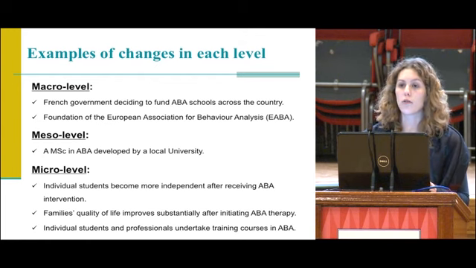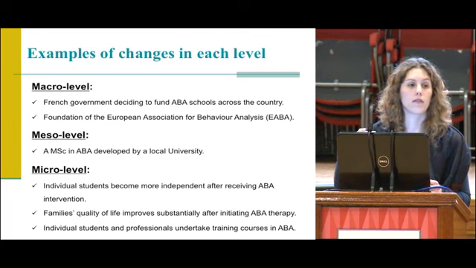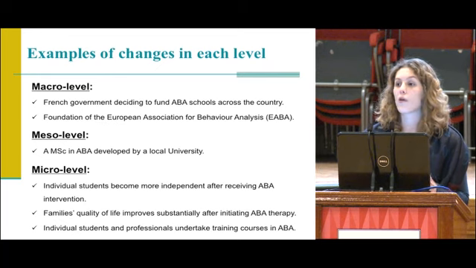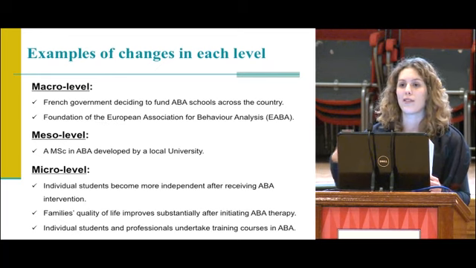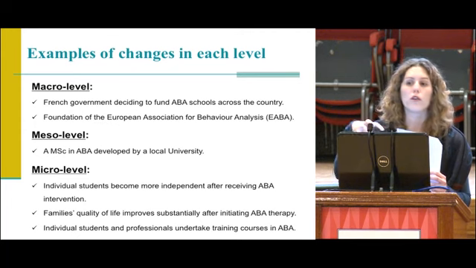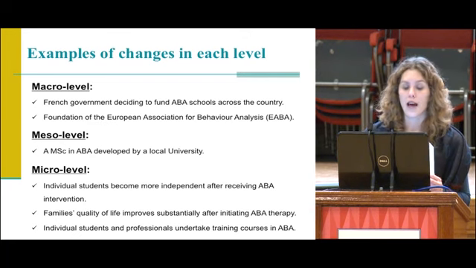Then we've got some changes in the meso level, like, for example, a master's degree in ABA and autism in a university could affect the entire community and all the neighbors living around the community. And of course, nowadays, with mobilization, international students traveling so much, it could affect not just the community where the university is based, but an entire country or different neighbor countries.